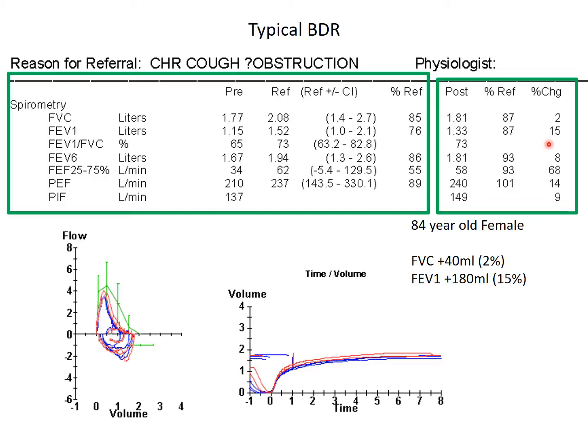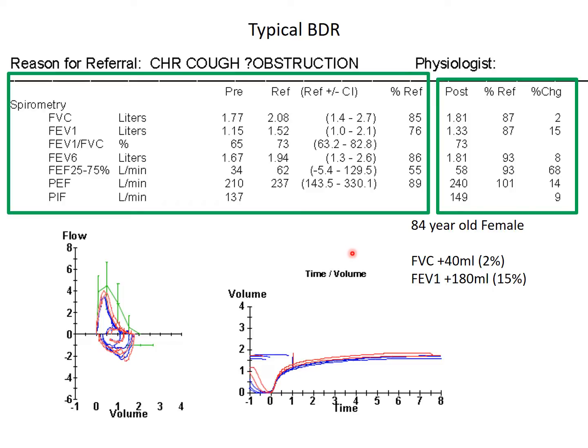So the response itself was a 15% increase in FEV1, only 180 milliliters, and we'll go into what that means later on. That in itself a guideline may call an insignificant response. So this is an interesting one in terms of interpretation, because it would definitely split a number of physicians and what they would do.